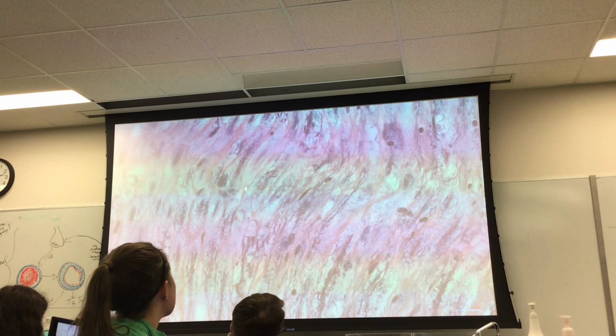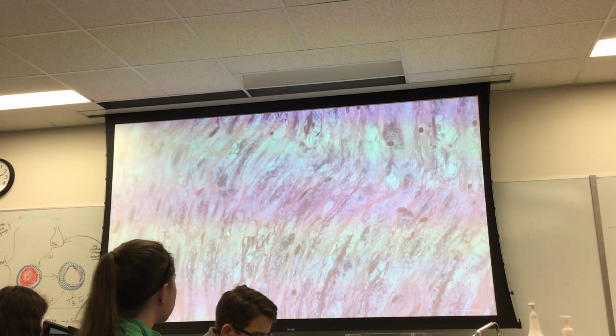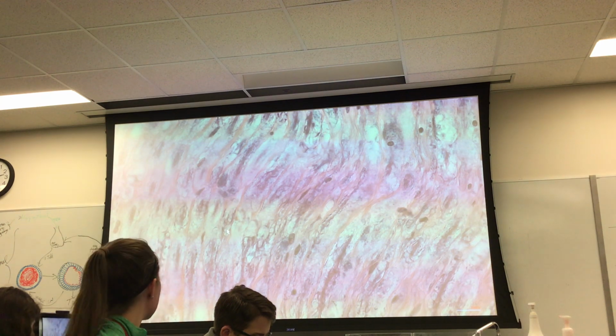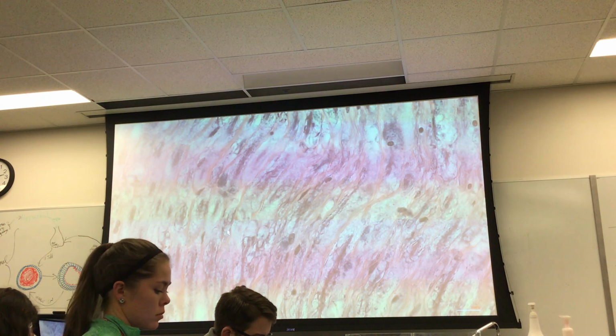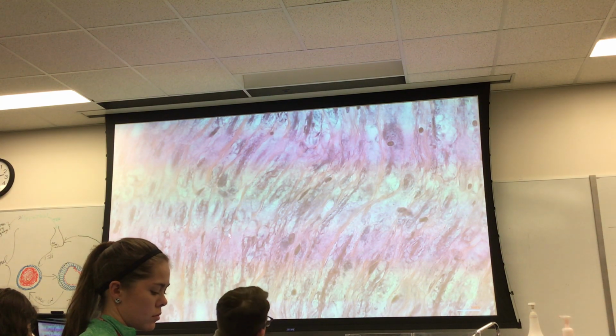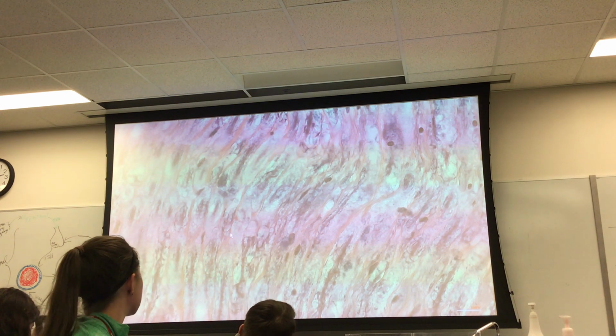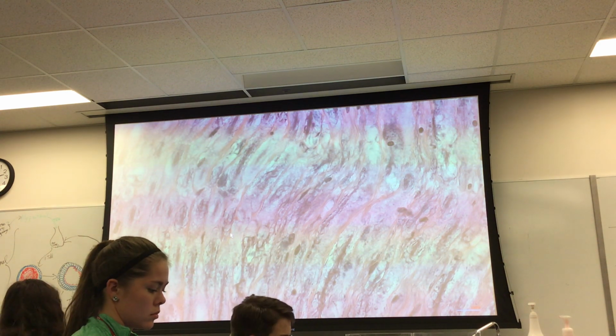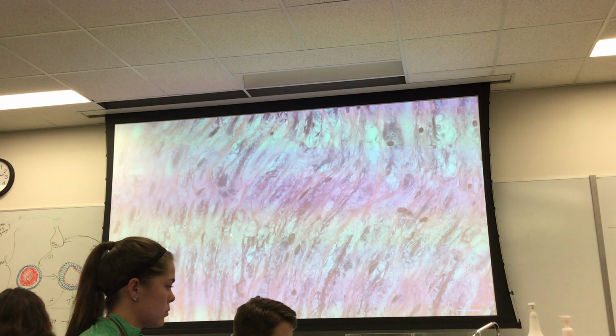When you see them indent like this, that's nodes of Ranvier. These are probably not the best examples, but keep in mind what you're looking at here. No neurosomas, it'll just be the axons, and in longitudinal section, it'll look like this.